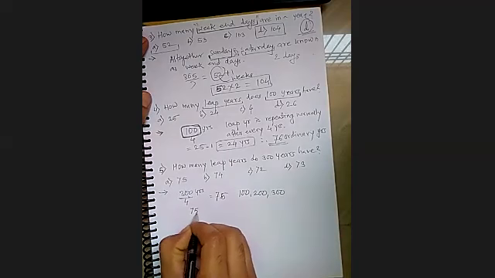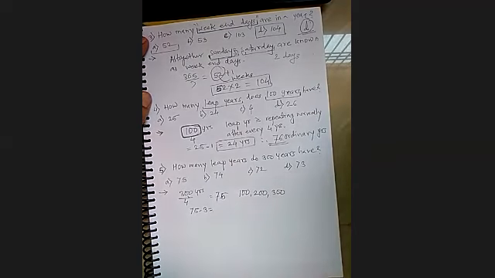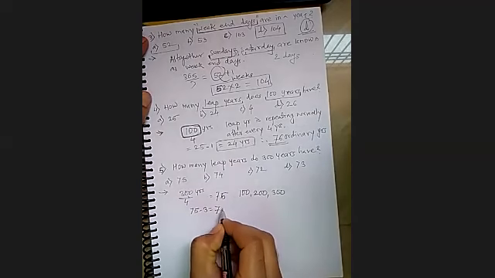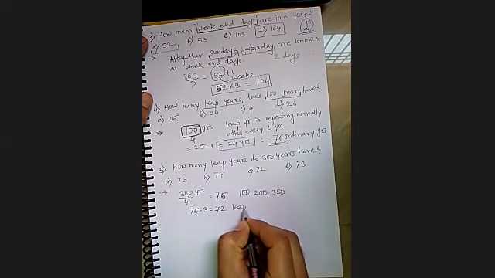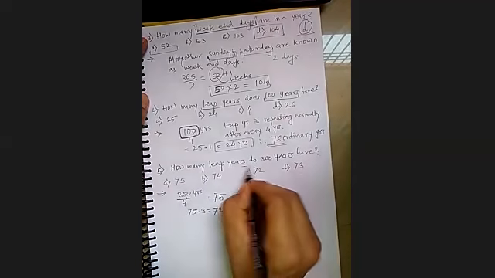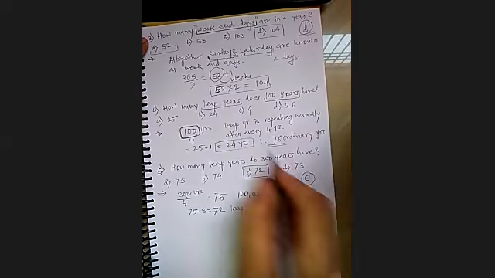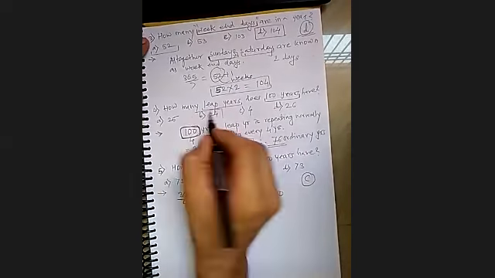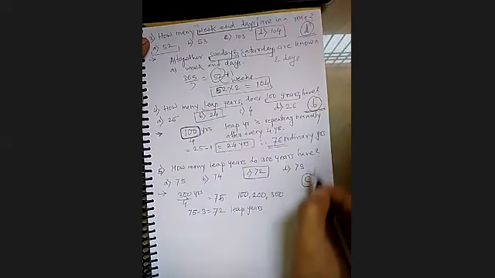So you have to subtract these 3 years from the total number of years. So it becomes 72, right? Leap years. Always keep in mind. And therefore, your option is C. Fine. So here it was option B.